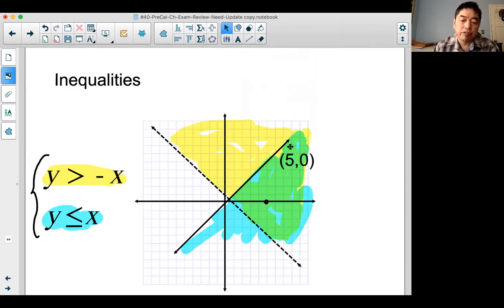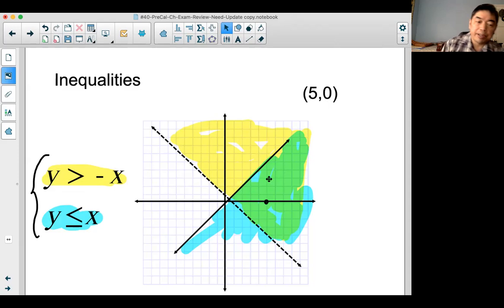You plug in x equals 5 and y equals 0. Negative 5 and 0: 0 is greater, so this is okay. Then 5 is greater than or equal to y. So the green section is the solution region. You have to know the slightly more complicated equations too. It could be linear, or it could be other kinds of functions.